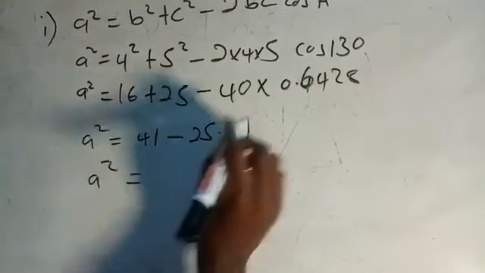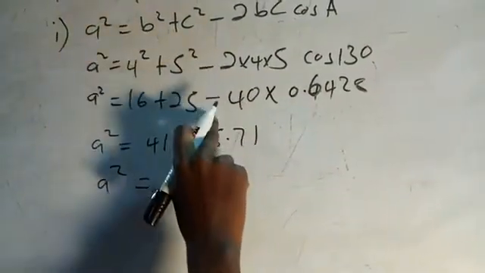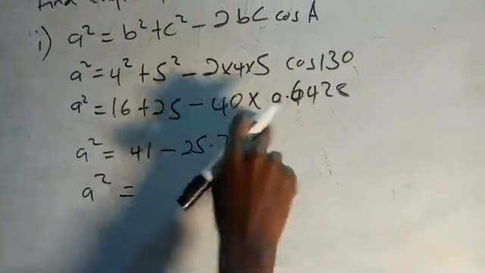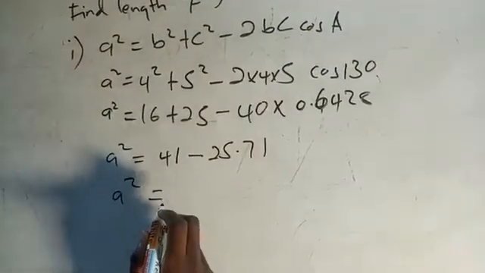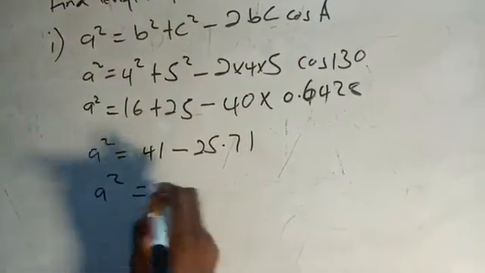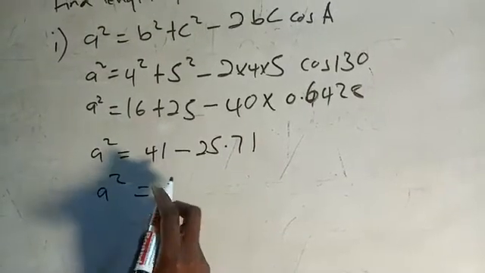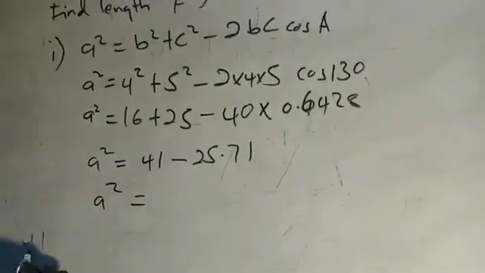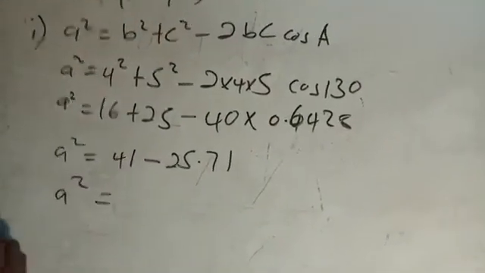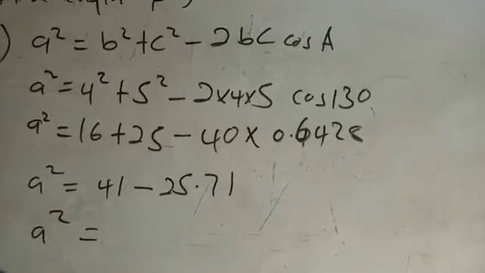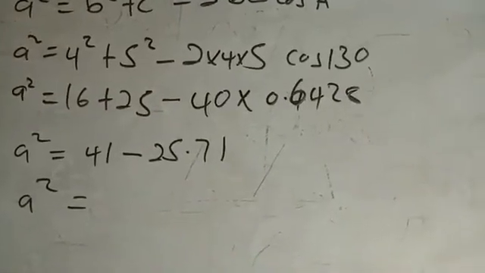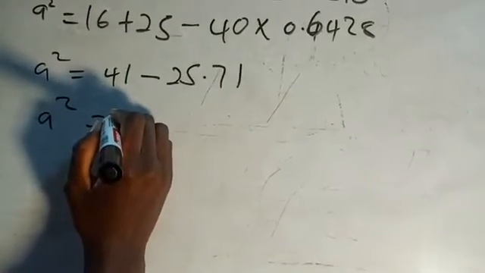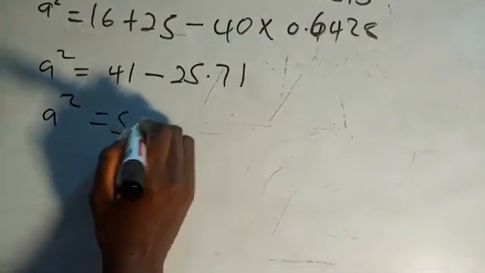So a squared will be, let me see, it's a negative thing. So if we subtract, we shall get something like 41 minus 25.71, which will be 5.29.